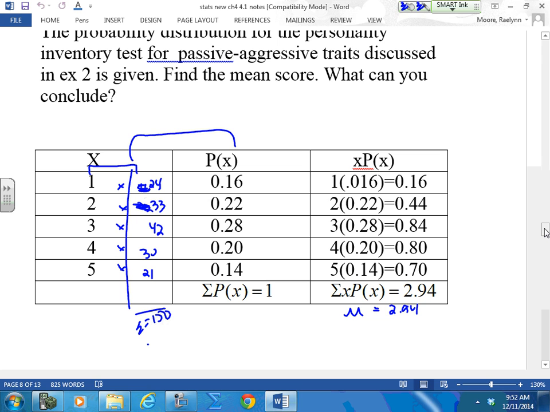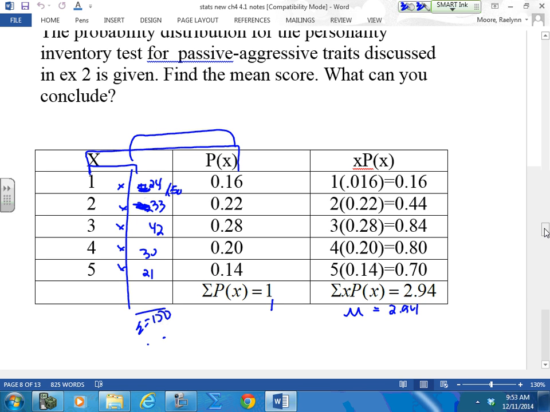They convert this to the decimals because they divided each one by 150. So instead of dividing it at the end, they divided each one. So that now these all add up to 1. So technically, if I multiply this times this, I've already divided by the 150. So all I have to do is multiply this times this and add them up. Because even if I divide it by the total, I'm only dividing by 1.